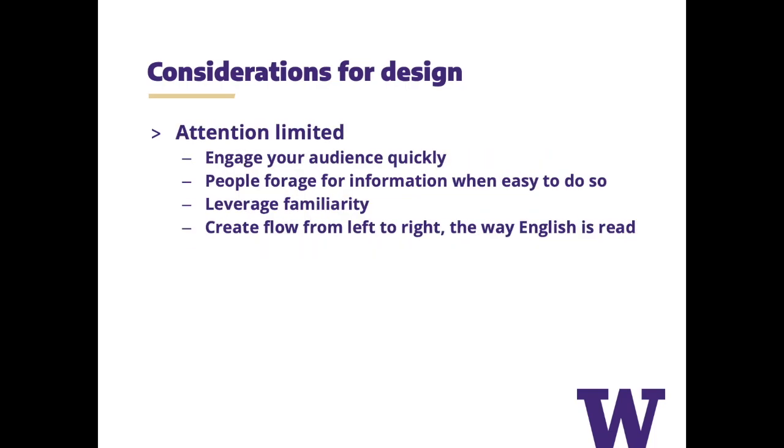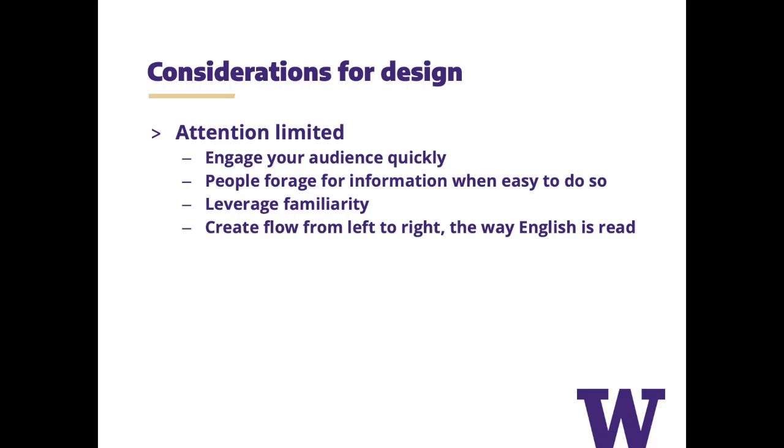So this brings me to my next point. People's attention is limited. You want to be able to engage your audience quickly and in a way that they know exactly what they're looking for as they pass through the information. So just like foragers in our early development of humanity were able to find fruits based upon bright colors, people forage for information in the same way.